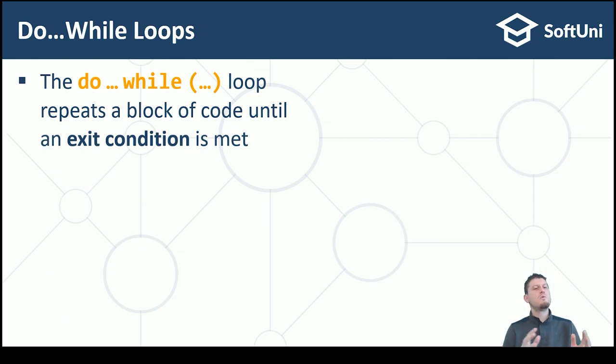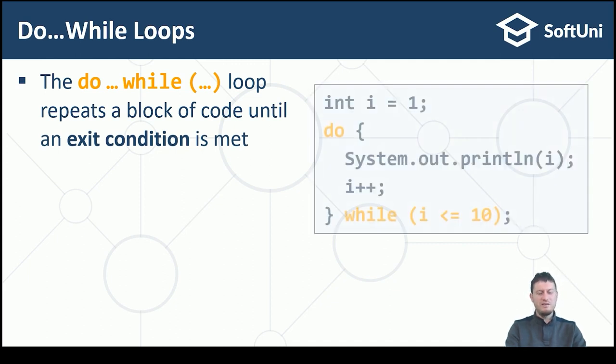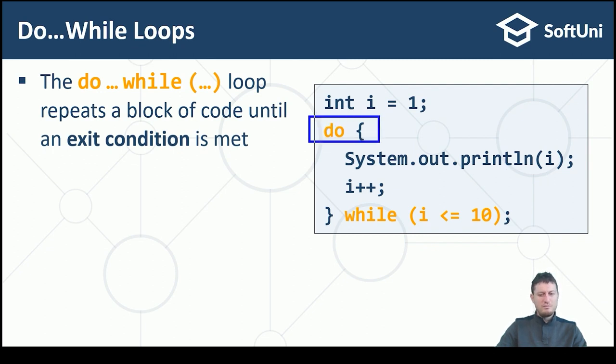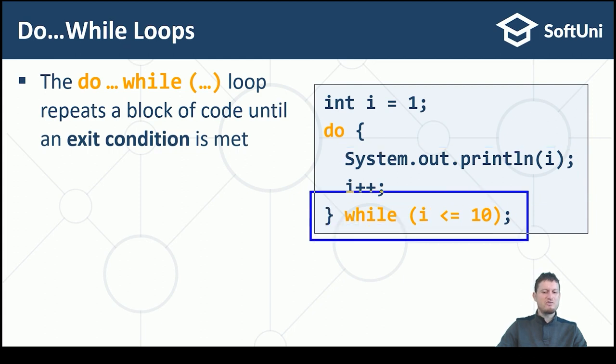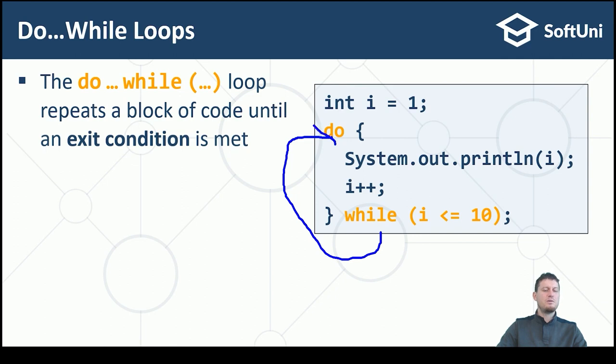It's called do-while loops. The do-while loop is something like the while loop, but the exit condition is at the end. See this example. It says start a loop, please repeat this, and finally check this condition. If it is true, repeat the loop body again. If it is false, just exit the loop.